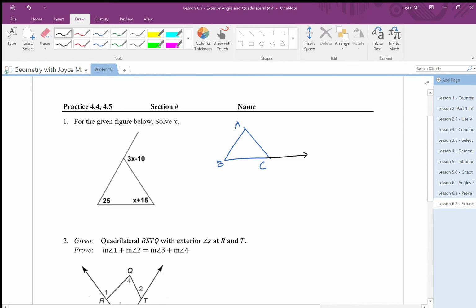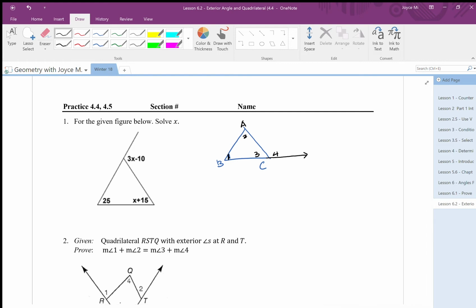Let's focus on one of them. This is the triangle ABC. Let me label the angles just to make discussion easier. Let's say this is angle 1, angle 2, angle 3, and this is angle 4. So angle 4 is the exterior angle for triangle ABC.